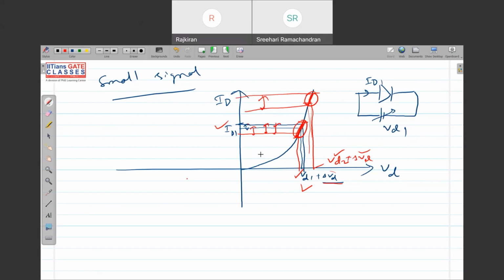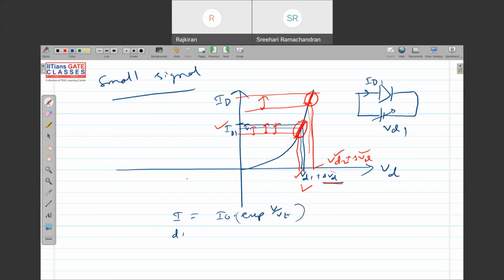So now I want to calculate how it will change. I know my current I is equal to I0 into exponential of VD by VT. The minus 1 is there, but I am ignoring it.